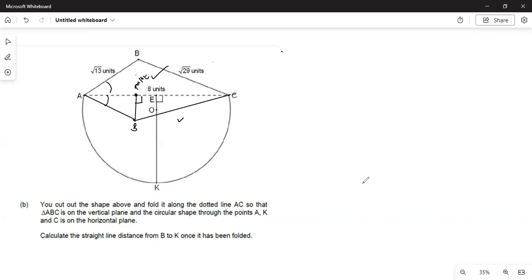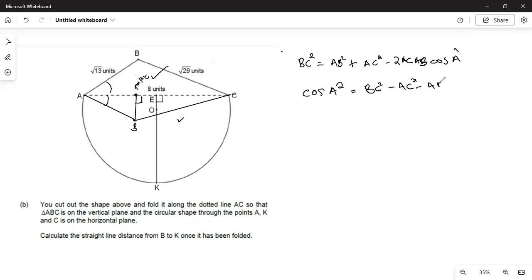So we are going to use the cos rule that tells us that BC squared is equal to AB squared plus AC squared minus 2 AC AB cos of A. To rewrite it, cos of A will be equal to BC squared minus AC squared minus AB squared over -2 multiplied by AB and AC.